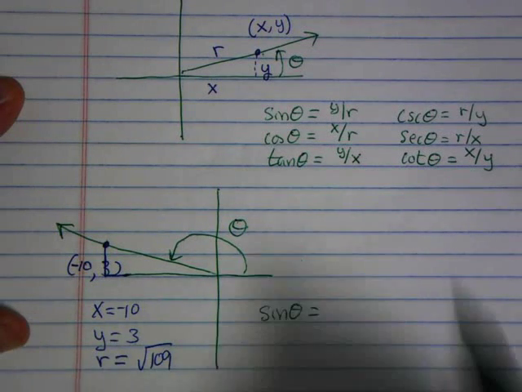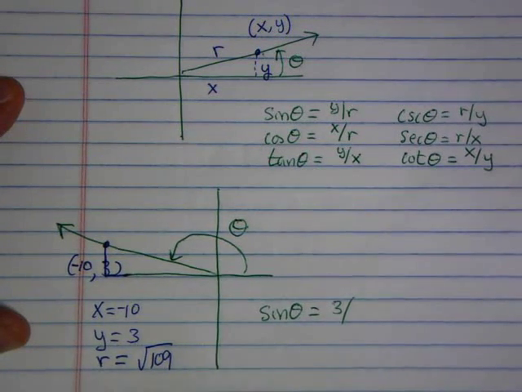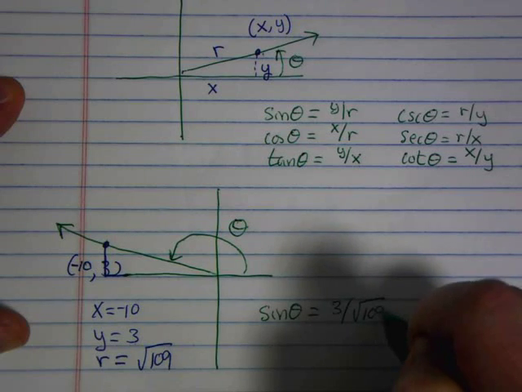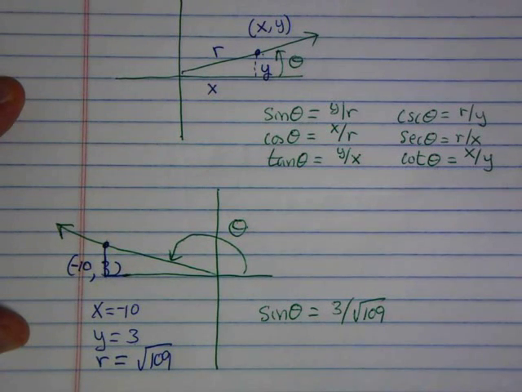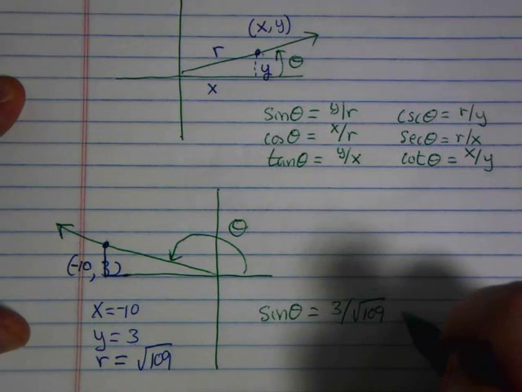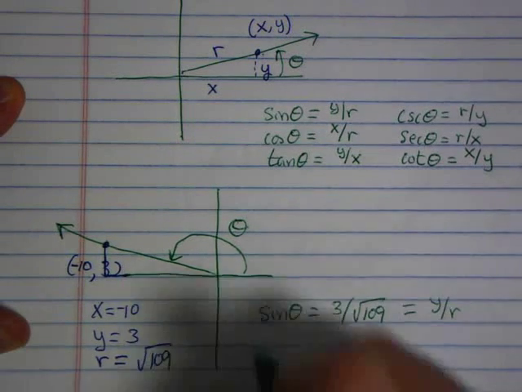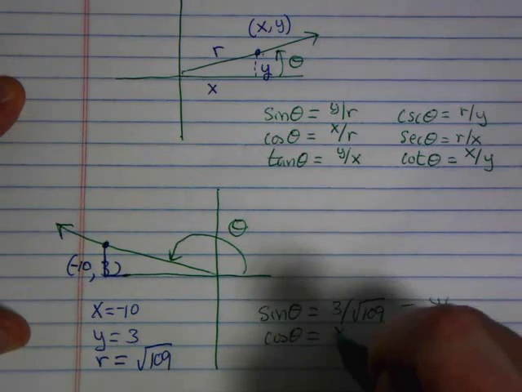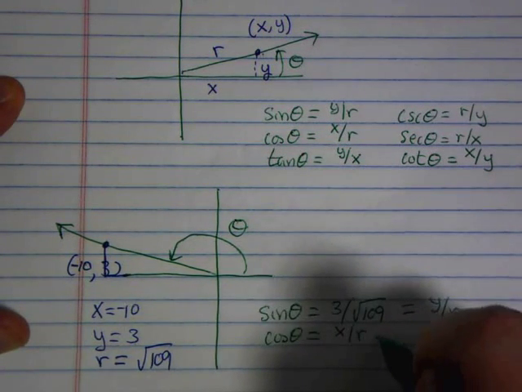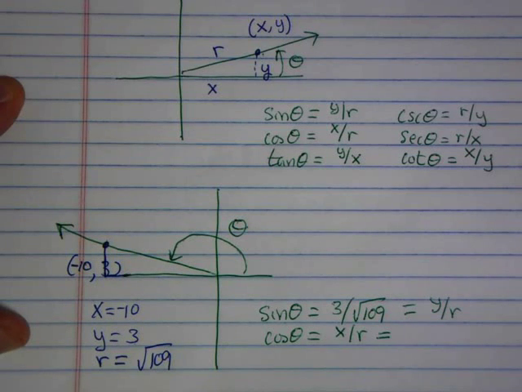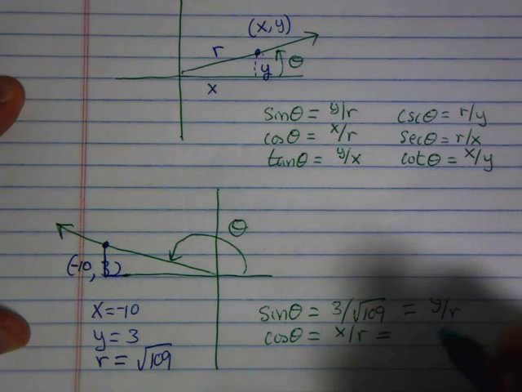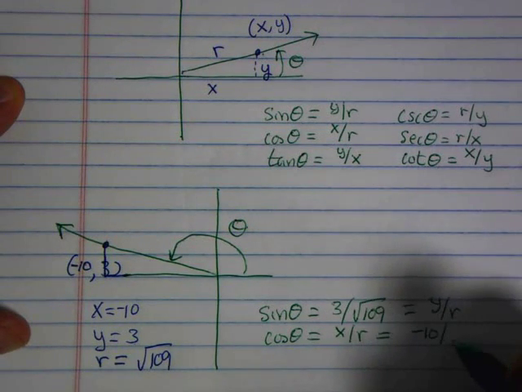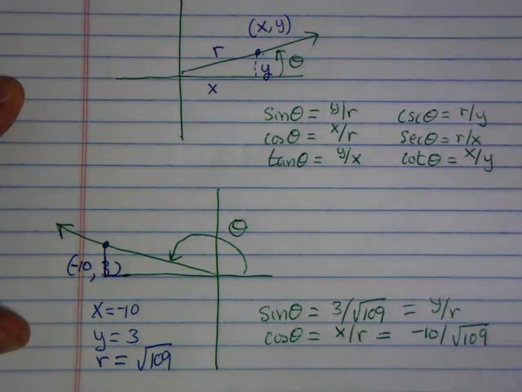Y is 3 and r is square root of 109. Cosine of theta is x over r, which turns out to be negative 10 over square root of 109.